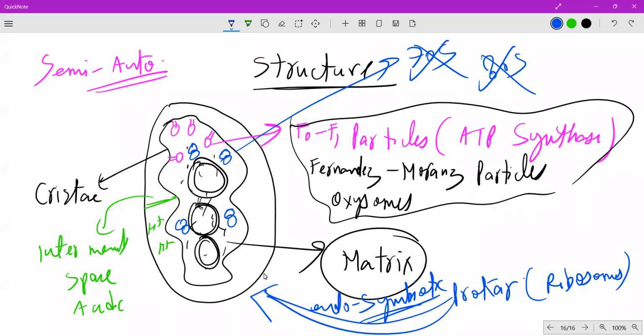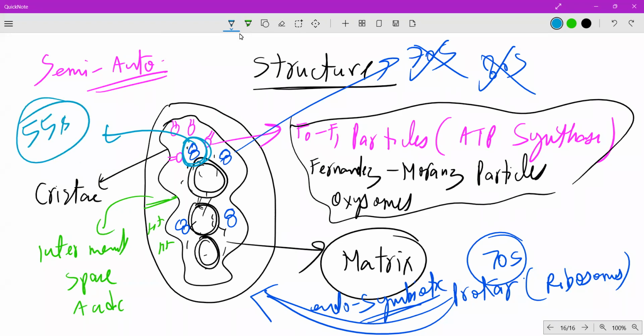Prokaryotes have 70S. Then what kind of ribosomes does mitochondria have? Let me tell you, mitochondria have ribosomes which are 55S. Keep this in mind. 55S ribosomes are present here.